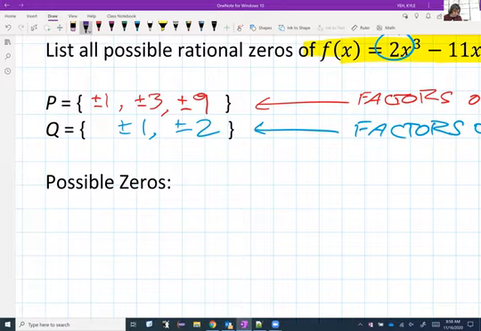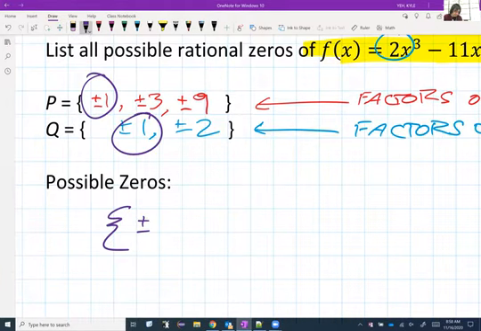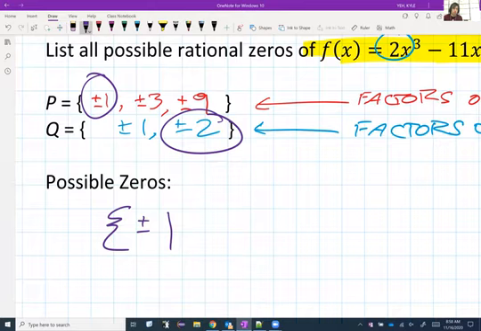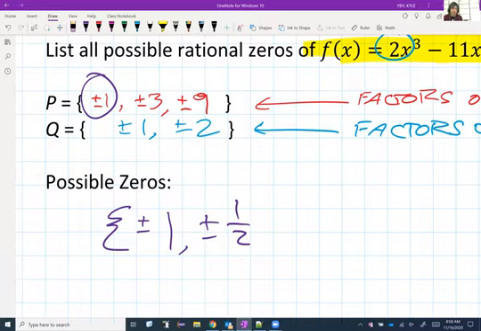So for example, possible zeros, plus or minus 1 over 1. So I'm just going to write that as 1, because 1 over 1 is 1. Plus or minus 1 over 2. We're just going to take every P and put it over every Q. Okay, so plus or minus 1 over 1, plus or minus 1 over 2, plus or minus, let's take our 3 over 1.